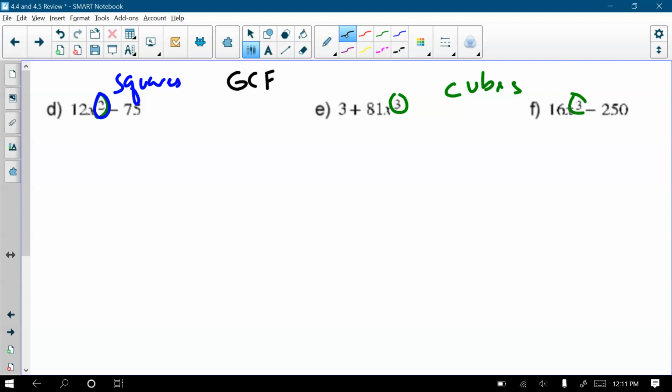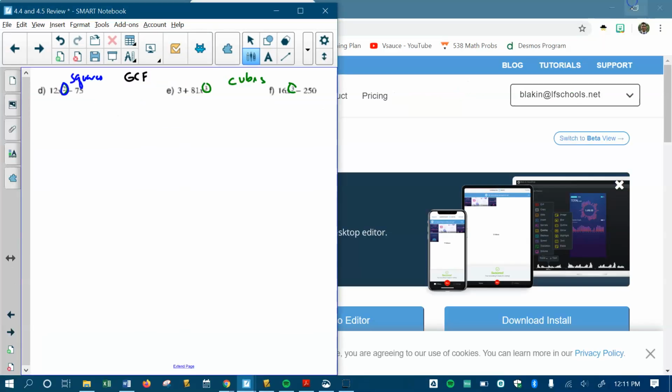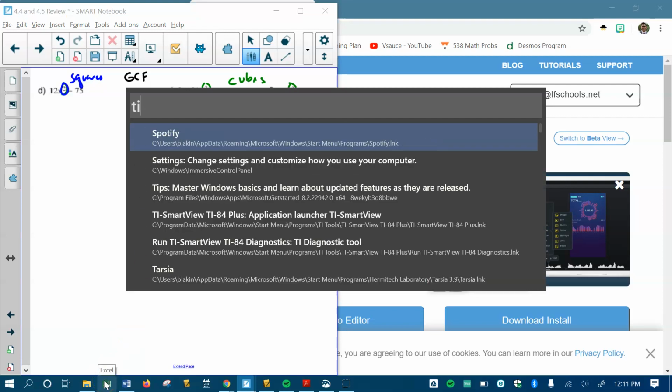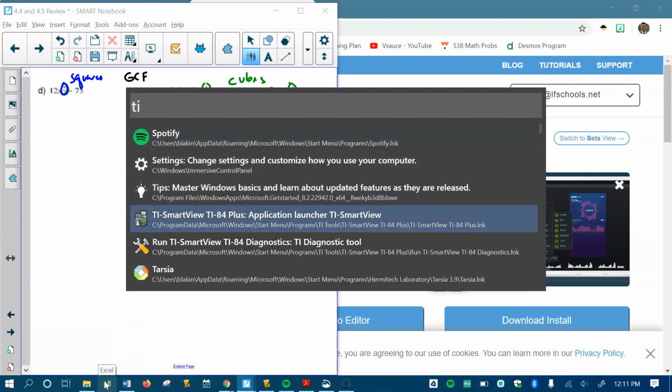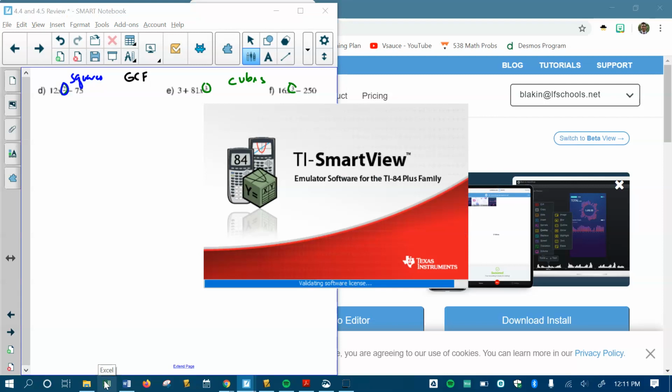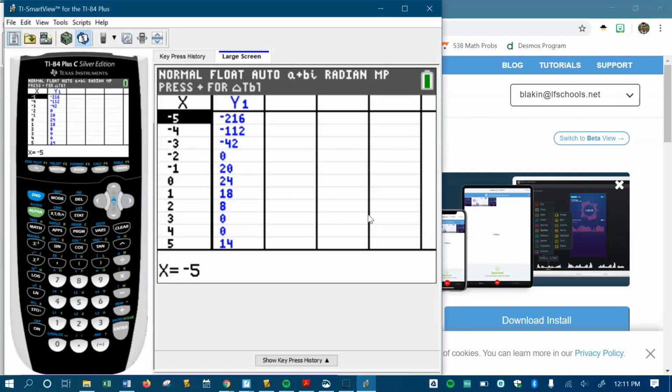I'm going to show you something on your calculator because you'll be allowed your calculator. Just for those people that don't think that they're the best at factoring, I'll show you a little trick. Have your calculator out, and let's go to the main page.